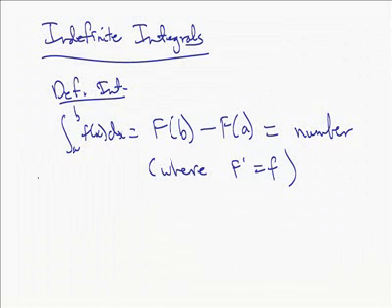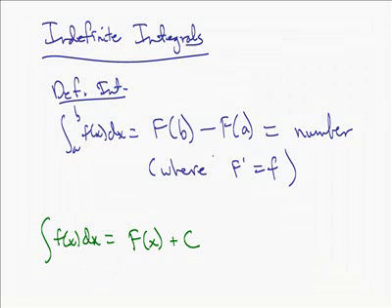Well, we can go ahead and then define the indefinite integral. If we take the integral of f of x dx, well, this will just be capital F of x, and we'll make it as general as possible, plus c. So we'll just say that the indefinite integral, we'll use the same notation that we used for the definite integral, just don't have the limits of integration on there.